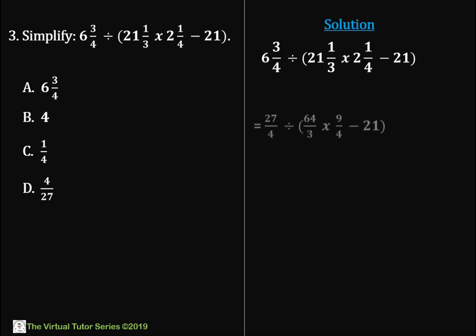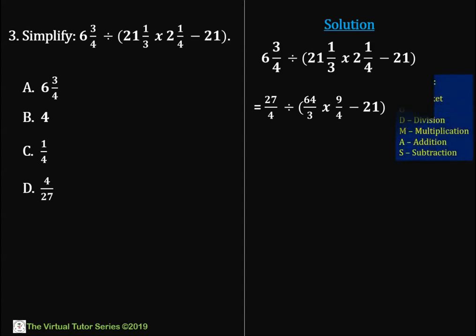So we have 27/4 divided by (64/3 times 9/4 minus 21). At this point, we make use of BODMAS by considering brackets first, followed by of, division, multiplication, addition, and subtraction.